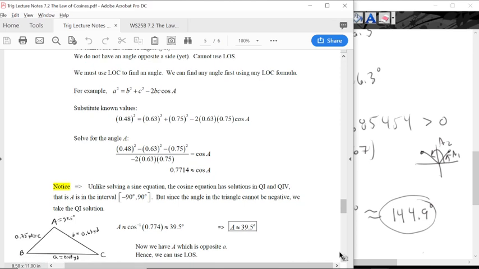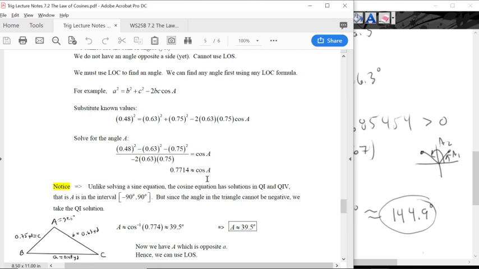Okay. All right, but this is going to boil down to a cosine equation. The cosine of A is equal to some number. Now, what quadrants would have solutions to this equation? Well, we have the cosine equal to a positive quantity, and the cosine is going to be positive, recall, in quadrant 1 and quadrant 4. That is, whenever you solve this equation, you would get solutions that are either from 0 to 90 degrees or between negative 90 degrees and 0 degrees, for example, or between, let's say, 270 degrees and 360 degrees.